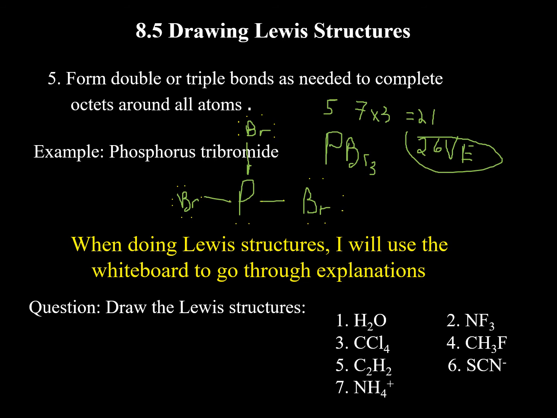Each bromine has 8, and if we look at the phosphorus in the middle, we have 8 as well. So phosphorus is happy, it satisfies the octet rule, and each bromine has 8 as well.